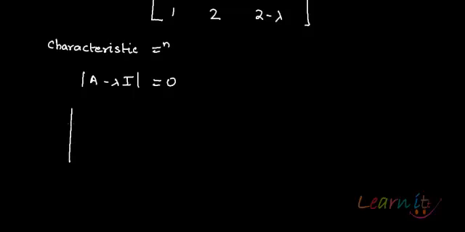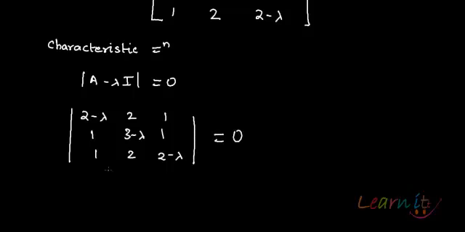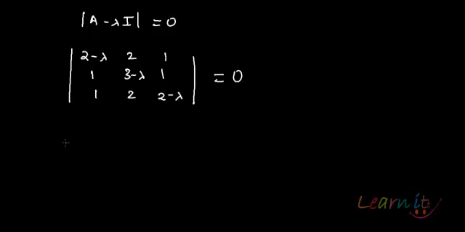So this matrix has the determinant 2 minus lambda, 2, 1, 1, 3 minus lambda, 1, 1, 2, 2 minus lambda again. And this determinant has to be 0. And this will give me a polynomial. And how do we figure out what that polynomial is? Just take out the determinant of this matrix.